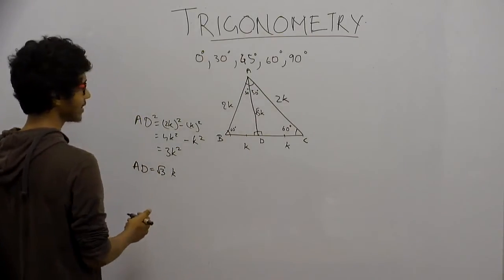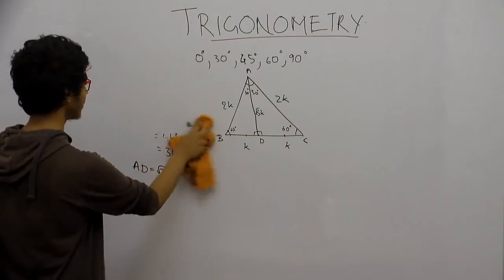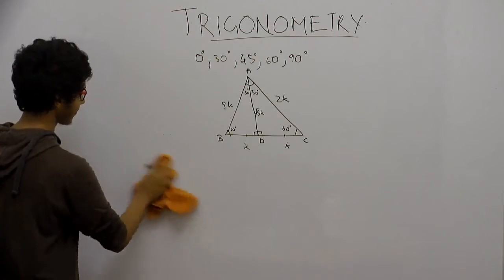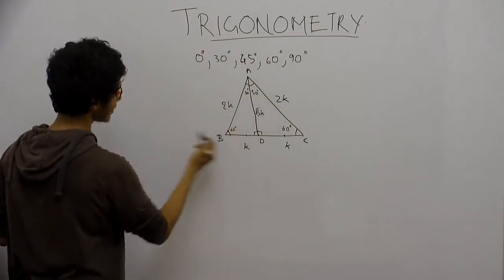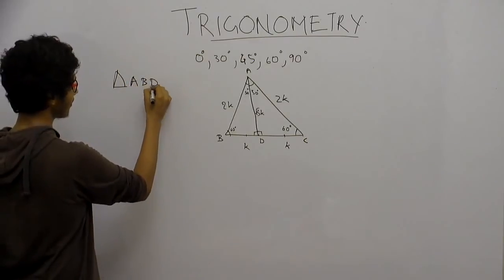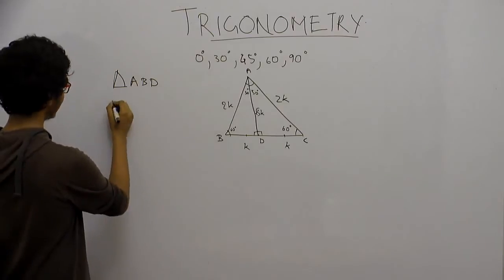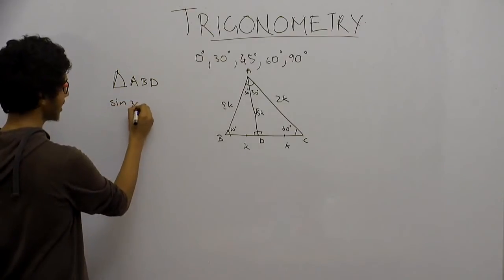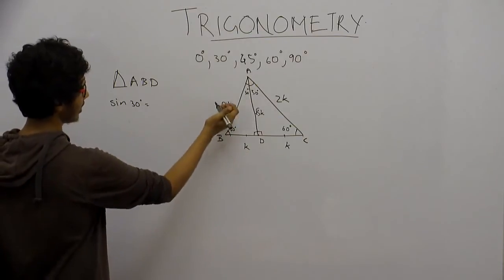From this we can deduce the trigonometric ratios for 30 and 60 degree. So let's still consider triangle ABD. In this triangle, D is the right angle, A is 30 degree. So let's go for sine 30 degree. Sine 30 degree is opposite divided by hypotenuse.